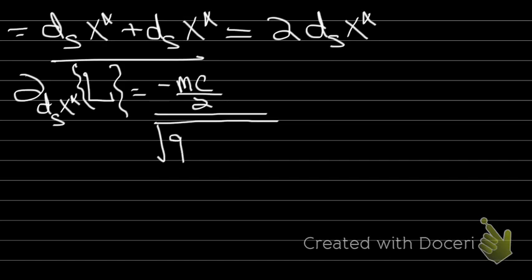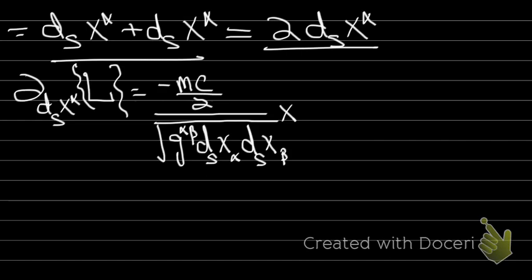Remember that this comes from your Lagrangian: g alpha beta ds x alpha, which is again the derivative with respect to s of x alpha, and the derivative with respect to s of x beta. And this is multiplied by this term, that is 2 ds x alpha.